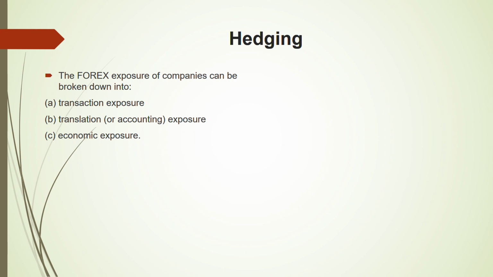Coming to the next type of risk. Remember, you can be asked questions from this area also, because foreign exchange risk is not only about calculating numbers. You will not only be asked a 50 marks or 25 marks numerical question. You will be asked a theory question, and it could be from any area.